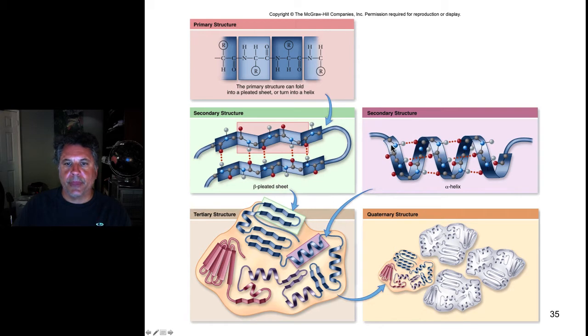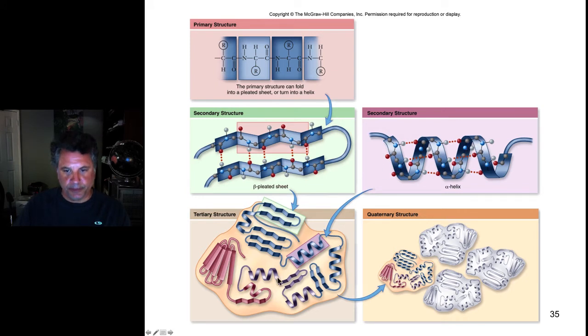Likewise, alpha helices are stabilized by hydrogen bonds occurring between the same carbonyl carbons and the amino nitrogens and hydrogens. They share this hydrogen here. And so what we have along a helix is a series of hydrogen bonded participants that stabilize this twisted helix shape.